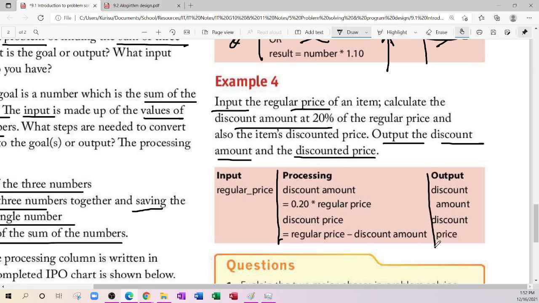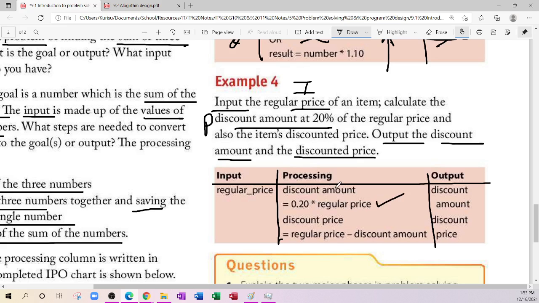So our table once again. We have input, you put in the regular price as it mentions here, and then for processing we have to calculate our discount. Notice discount amount is equal to 0.20, that's the 20%, multiplied by regular price.